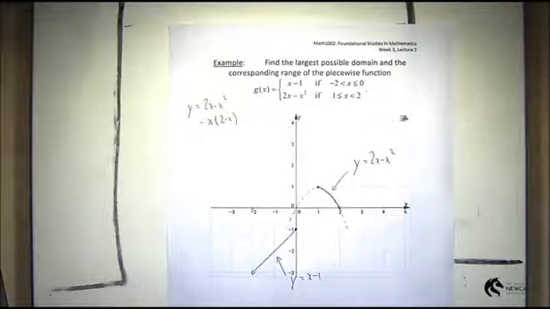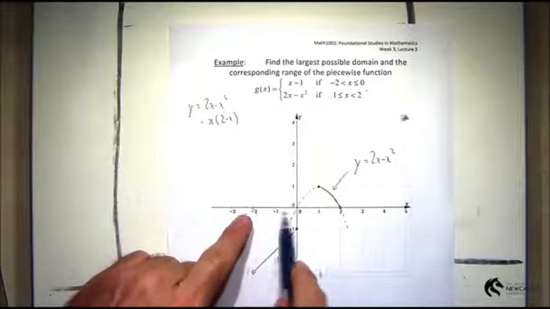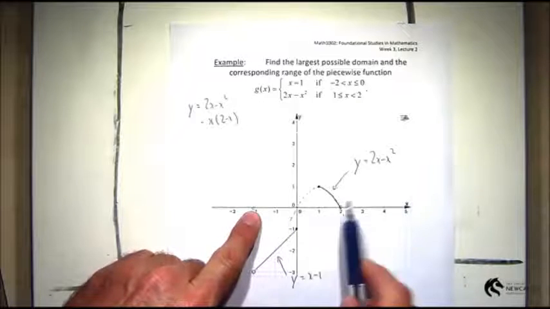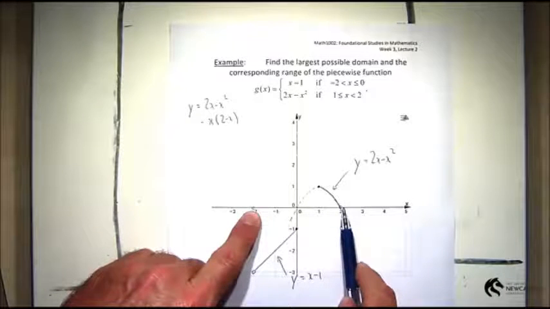So for this particular function, its domain is those x values between minus 2 and 0, and those x values between 1 and 2.